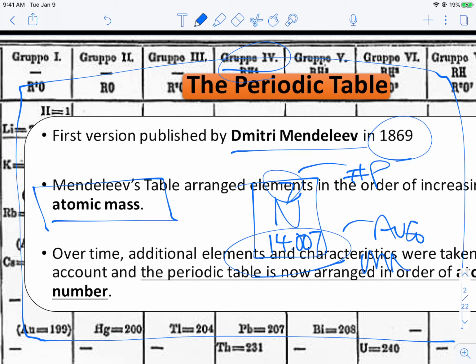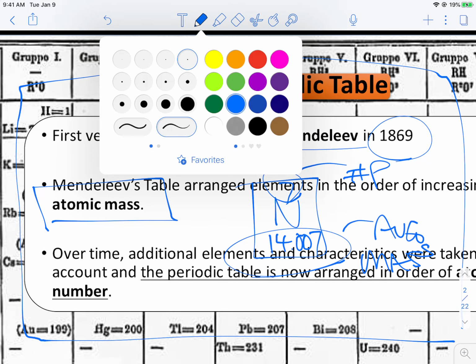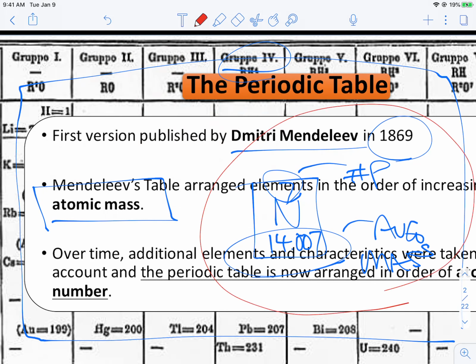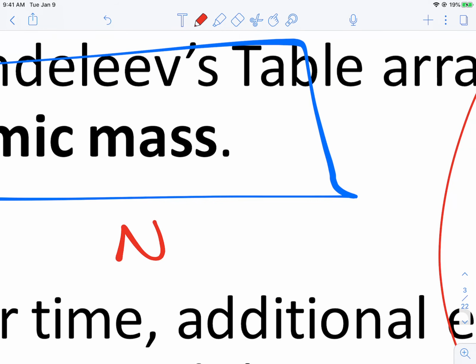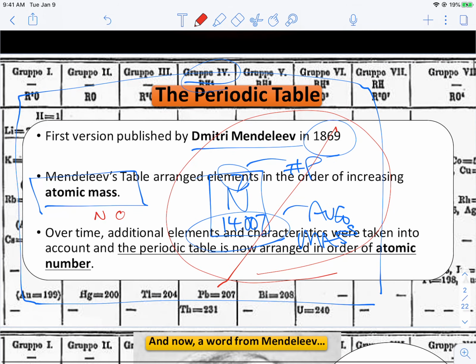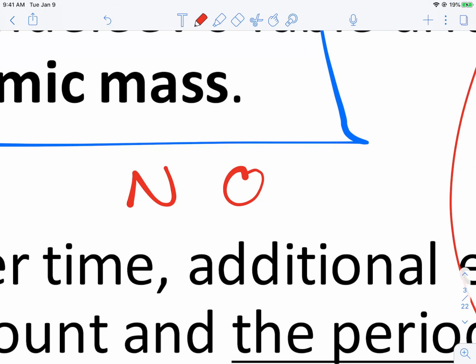The problem with that is that with mass, sometimes you get two elements that have conflicting average masses. So, let's say the one that comes after nitrogen, which would be oxygen, has a lower average atomic mass. Now, back in 1869, we didn't know how many isotopes there were of each element.